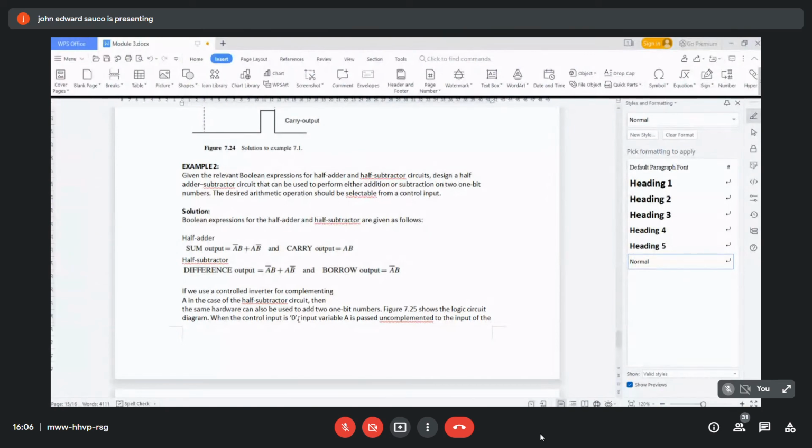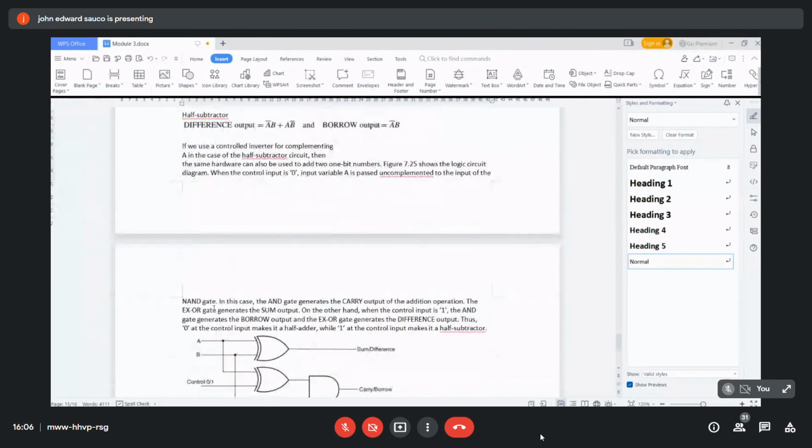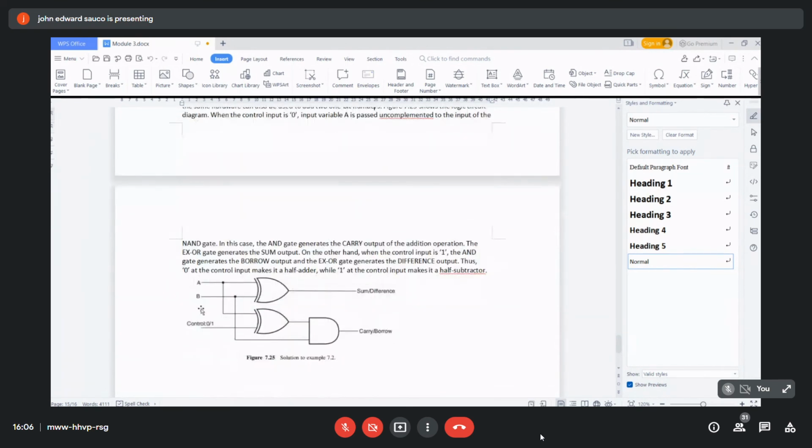When the control input is 0, the input variable A is passed and complemented to the input of the NAND gate. In this case, the AND gate generates the carry output and addition operator of the XOR generates the sum. On the other hand, when the control input is 1, the AND gate generates the borrow output and XOR gate generates the difference. Okay, so sinasabi lang dyan is ito yung design natin.